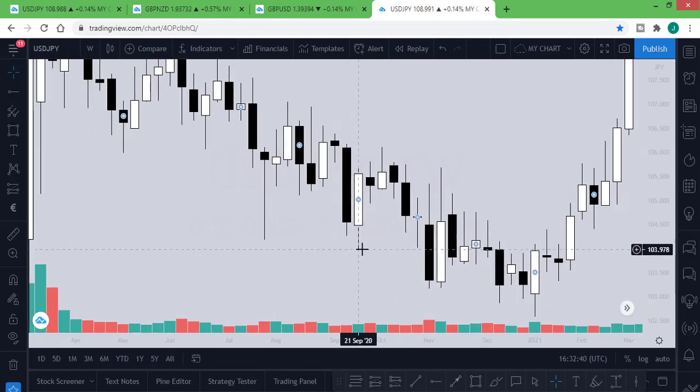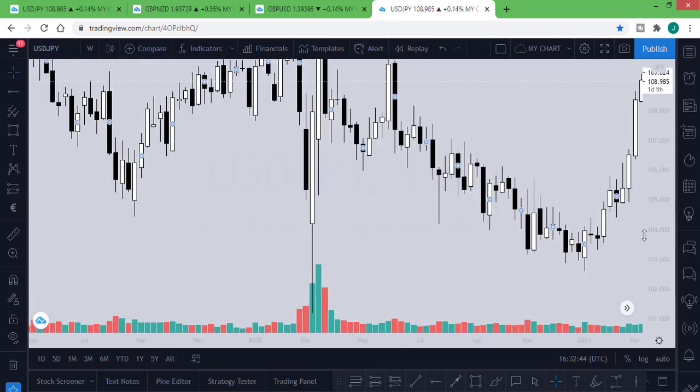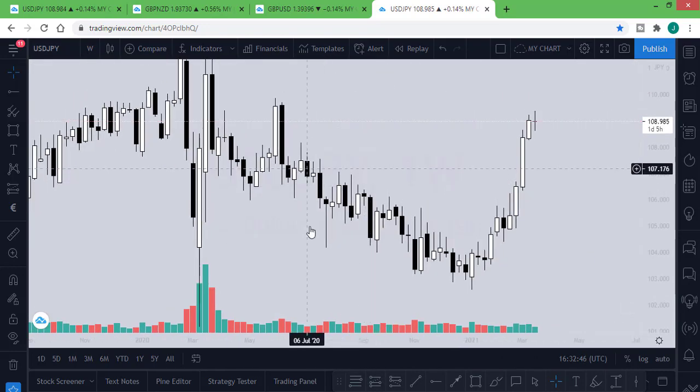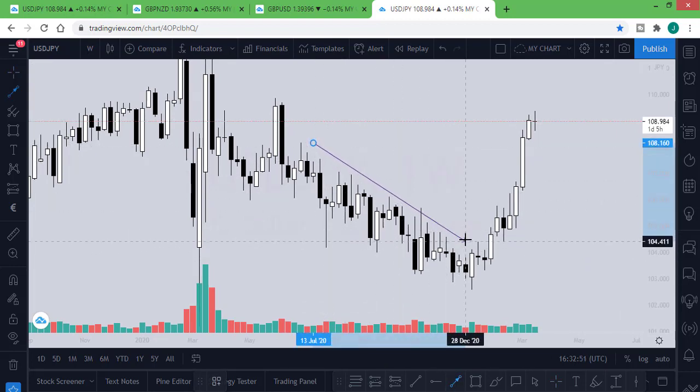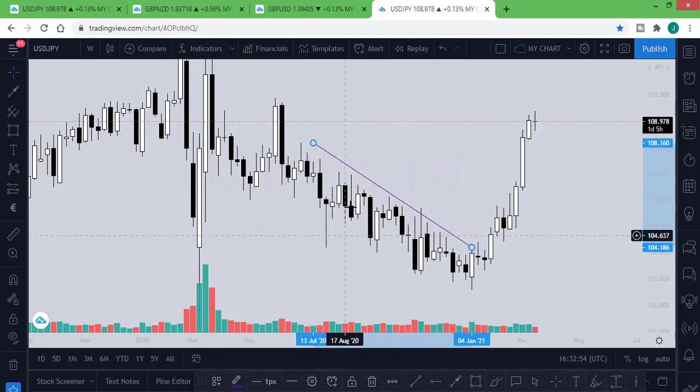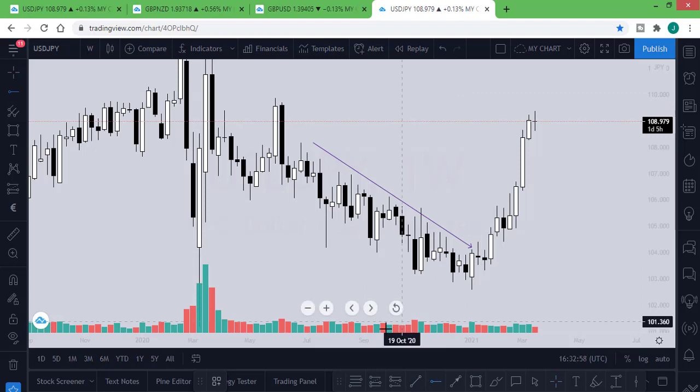Now if you focus on this level, your eyes should be here. I'm just showing you how market was making movement here. So this is your trading range.